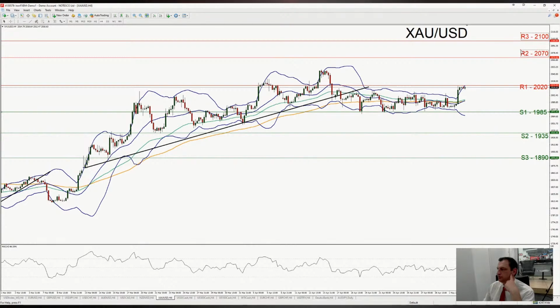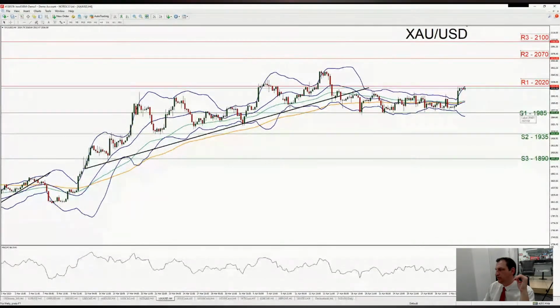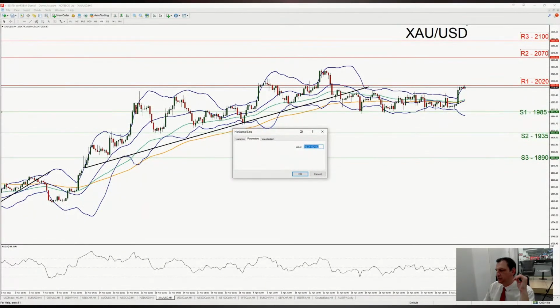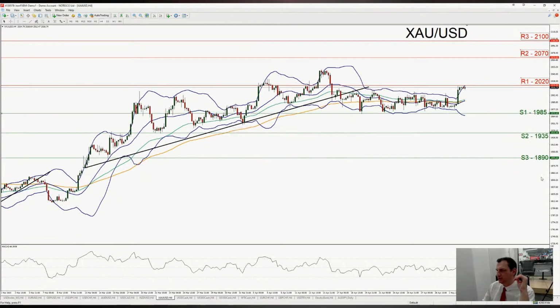Let's reposition the labels. 2100, then the R2 2070, the all-time high, then the R1, the 2020, which is the current ceiling for the price action of gold, moving lower to the S1, which is now being placed at 1970.